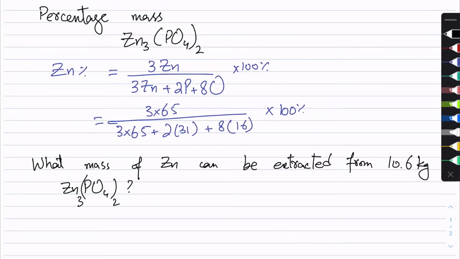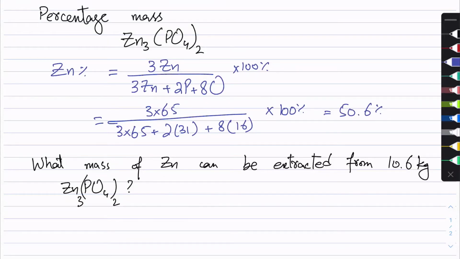Now, again, that's pretty straightforward. You already know the percentage. So we'll calculate it. So 3 times 65 divided by the whole MR, which comes out to be 50.6%. So that tells me that the total is 50.6%.